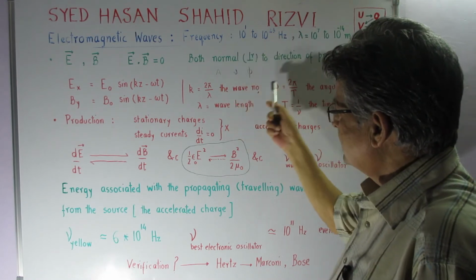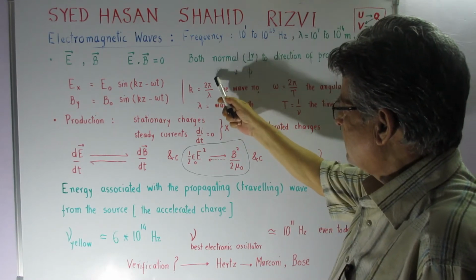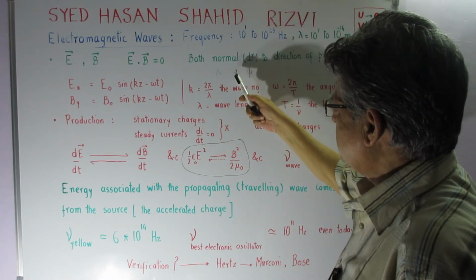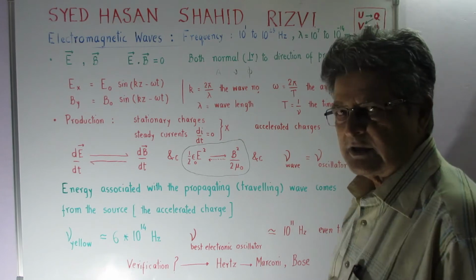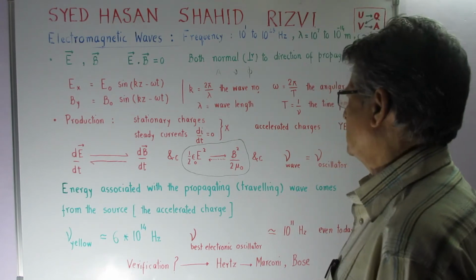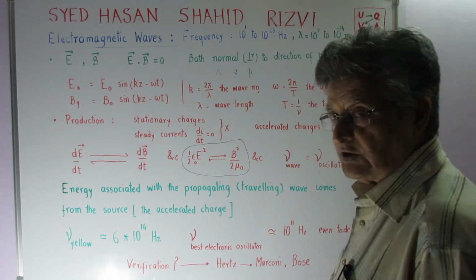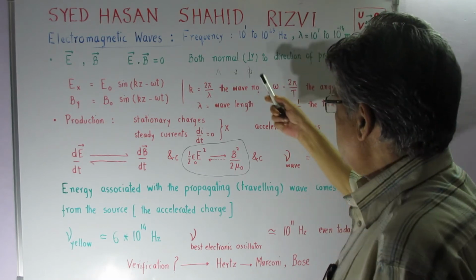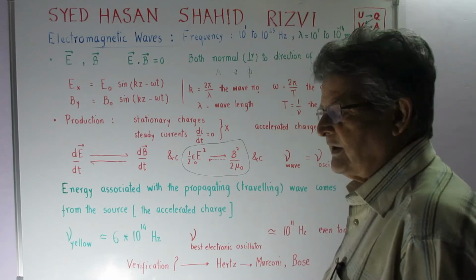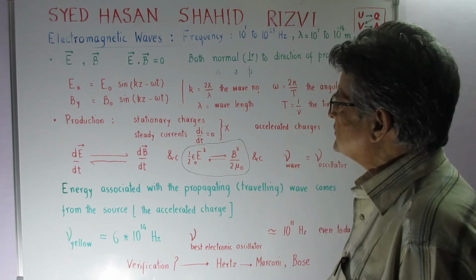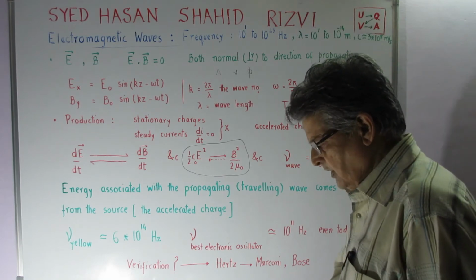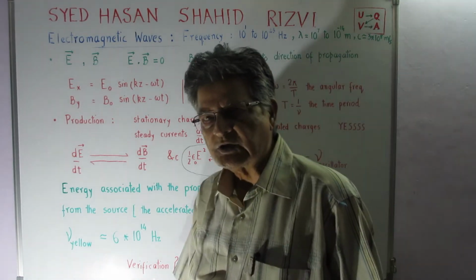If we vary A, the amplitude, it is amplitude modulation. If we vary nu, the frequency, then there is frequency modulation. These days you have many songs on the FM, it's called FM. And then phase modulation. So these are some of the modulation systems which we use in analog communication systems.